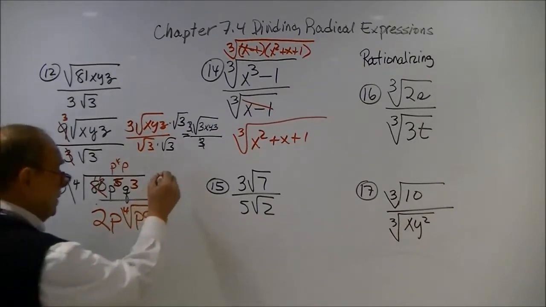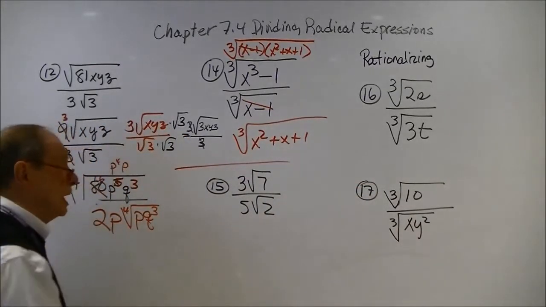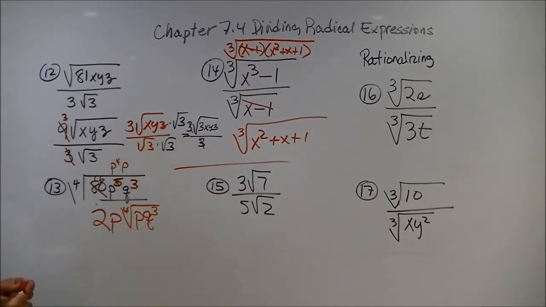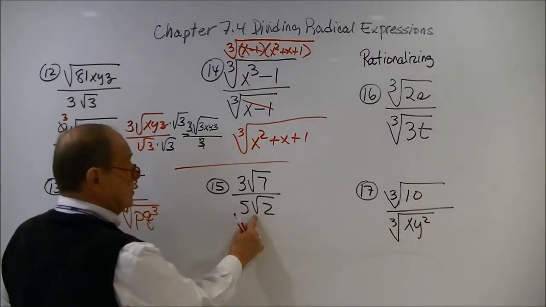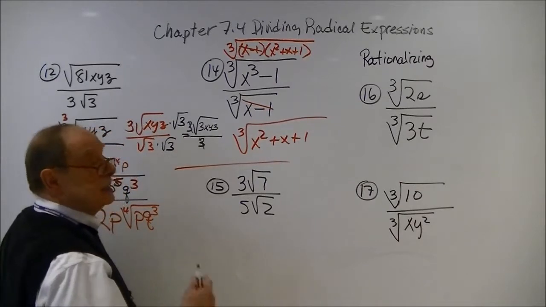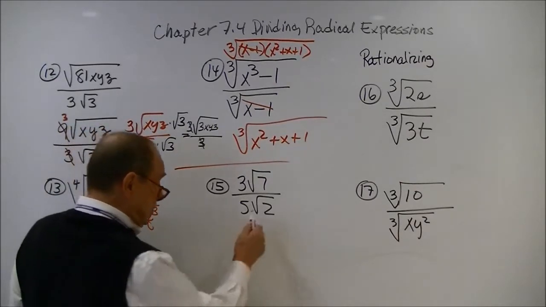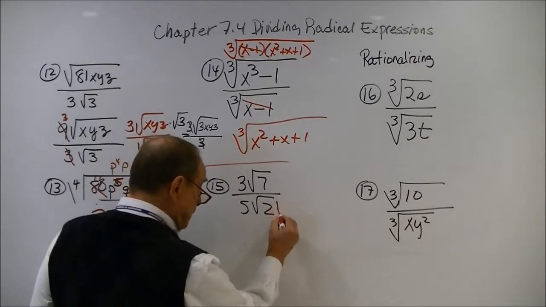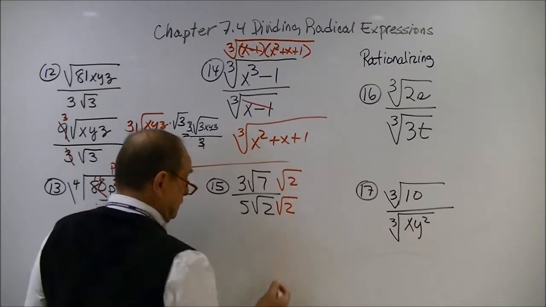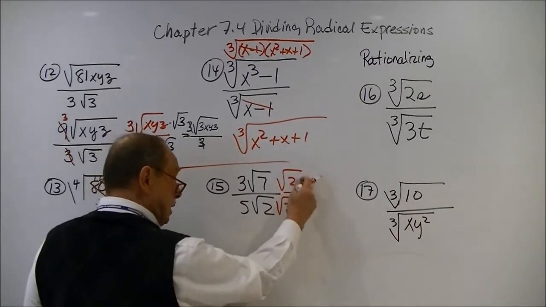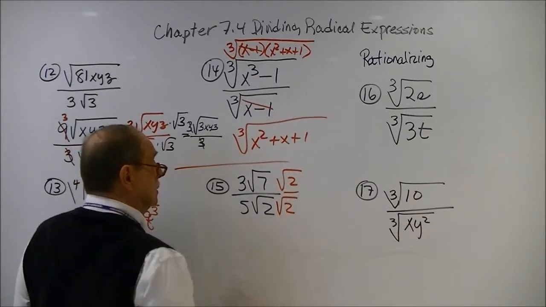Now, it's at number 15, and from now on, they want us to rationalize the denominator. Right now, as we look at this denominator, it has the square root of 2, which is an irrational number. But if you multiply the square root of 2 by the square root of 2, and the numerator by the square root of 2, remember, this is a 1, in the form of the square root of 2 over the square root of 2.